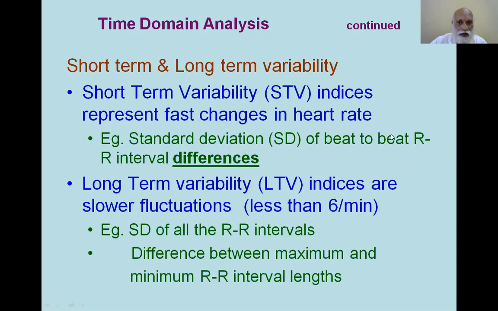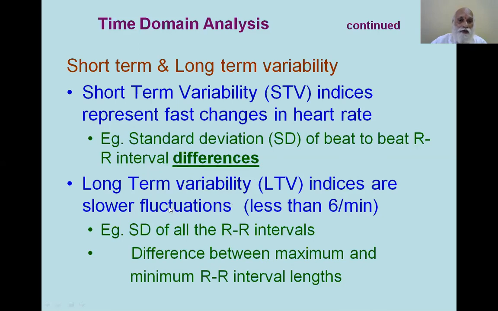Now here, the RR interval is one thing that is very fine. There is a wave pattern there, which is essentially long-term variability. And long-term variability indices are of slower fluctuations. If the heart rate is about 60, one cardiac cycle on average will last for about 1 second. Okay, 1 second.